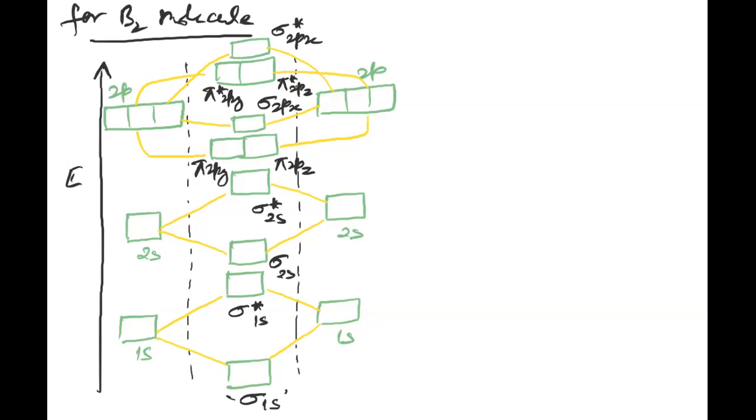Overall, as far as B2 is concerned, boron consists of 2 electrons in 1s, 2 electrons in 2s, and one more electron in 2p.